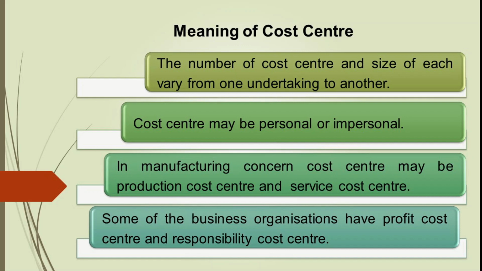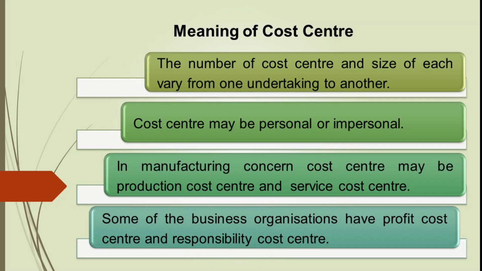For example, maintenance department is a service department and provides service to other cost centers, which includes both production cost centers and service cost centers. A powerhouse as a service cost center generates and supplies power not only to production cost center but also to other service cost centers. Some of the business organizations have a responsibility cost center and profit cost center.